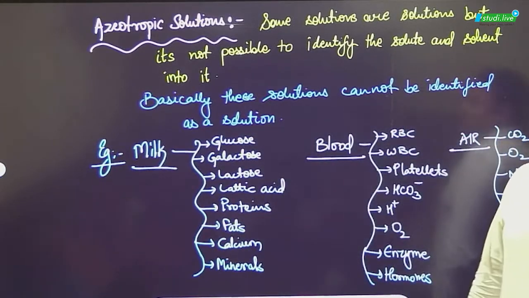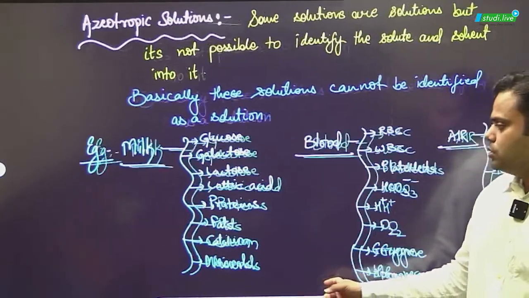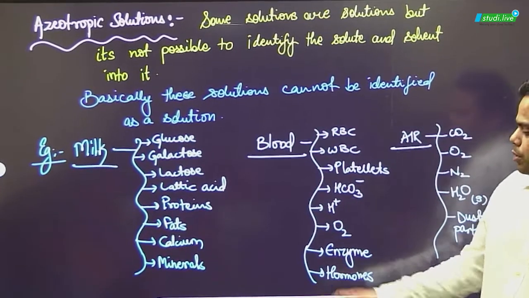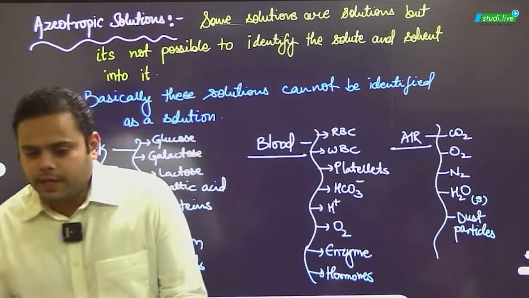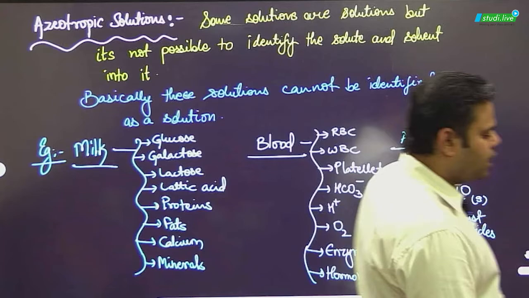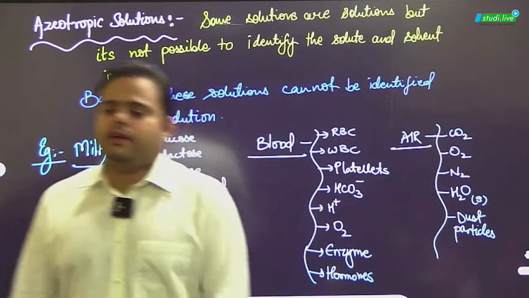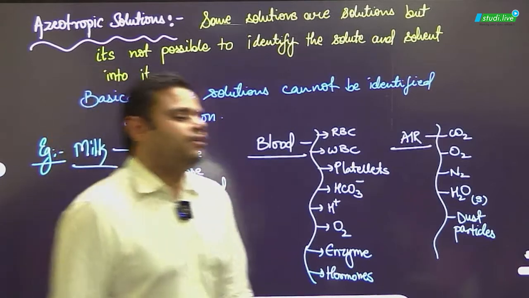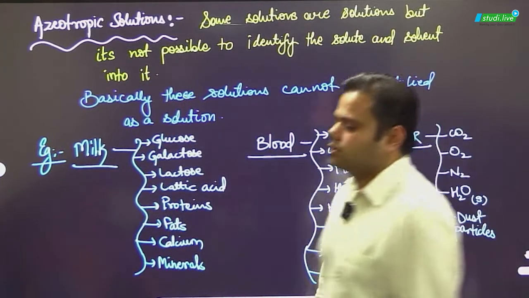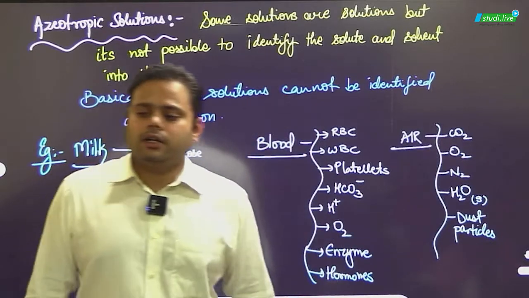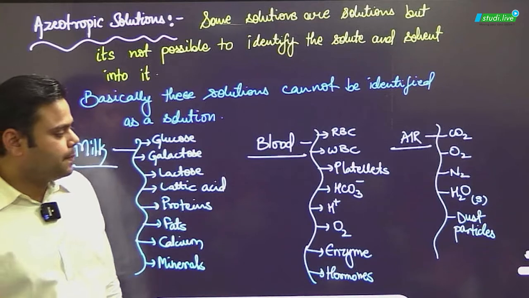They are called azeotropic solutions. Clear? तो इसीलिए इसको एजियोट्रॉपिक बोलते हैं. एक ऐसा सॉल्यूशन जहां पर सोल्यूट और सॉल्वेंट के एक्सटेंट को आइडेंटिफाई करना हमारे लिए पॉसिबल नहीं. Clear? Sure? 100%?